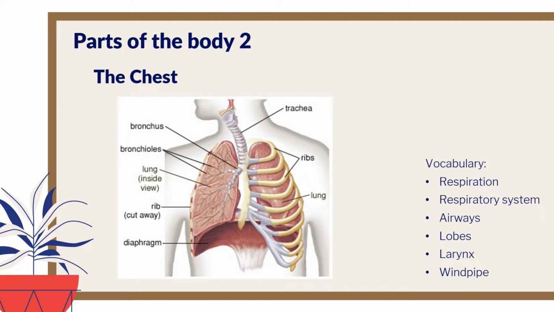The airways consist of the larynx, the trachea or windpipe, and the right and the left bronchus and the bronchioles. And also the chest is separated from the abdomen by the diaphragm.